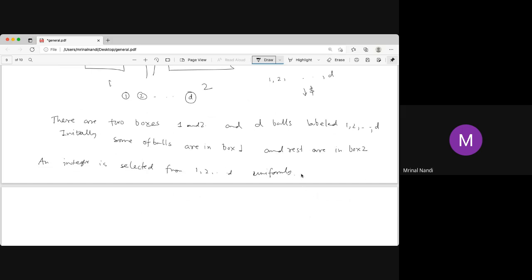The corresponding ball is removed from its box and placed in the opposite box.